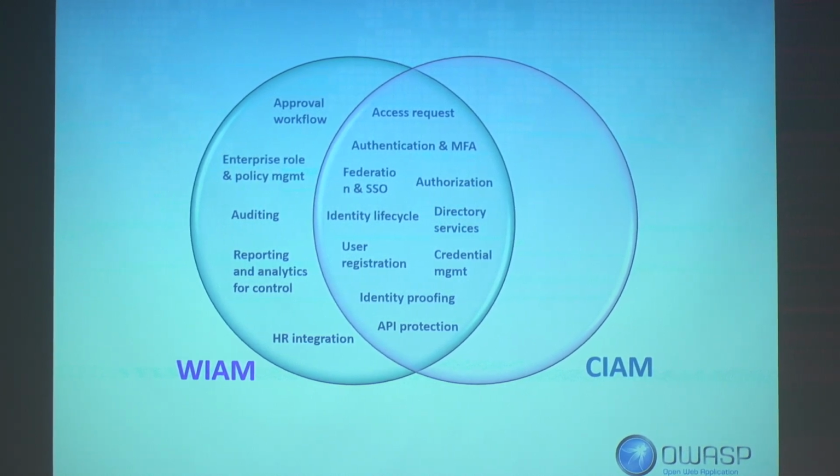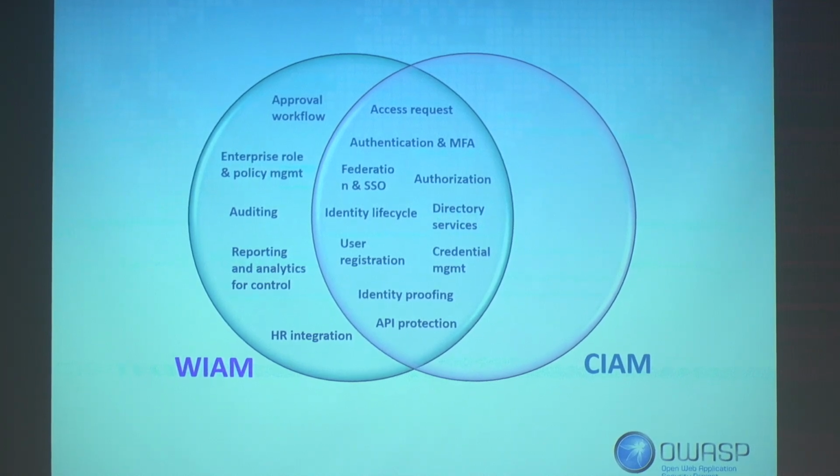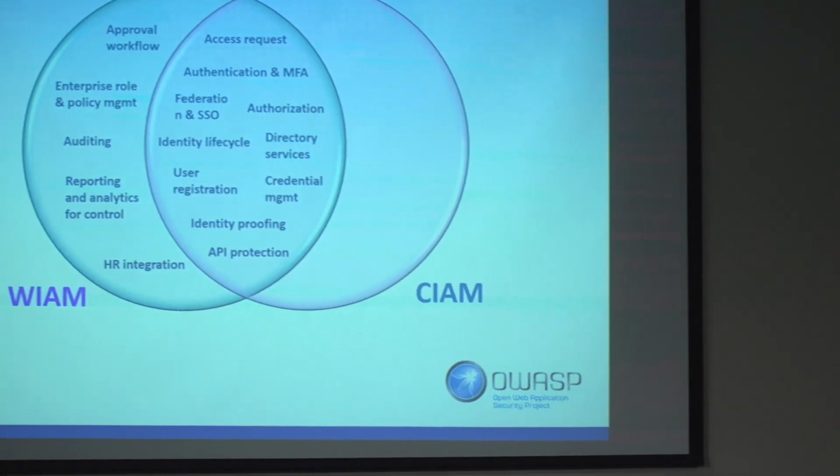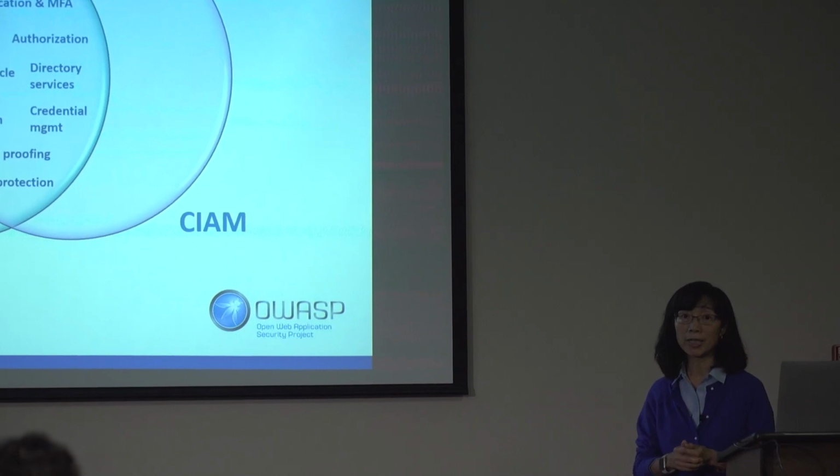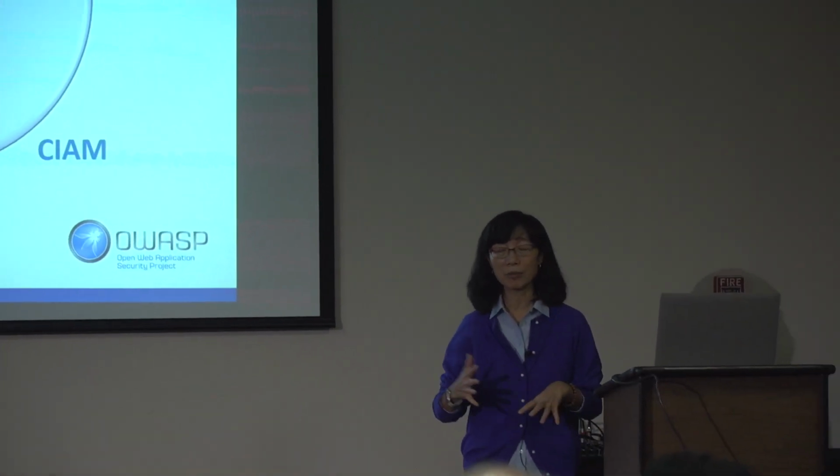And then there are marketing people who can access the marketing material and certain things, right? So with enterprise IAM, an important part is to define roles and access control policies: who can access what, under what conditions. And then auditing is also an important part: who has done what, who has accessed the system at what time.